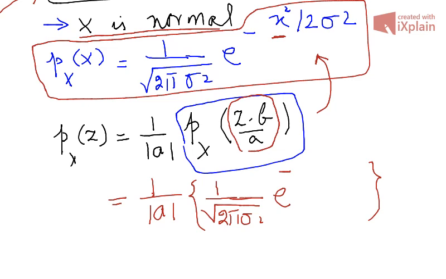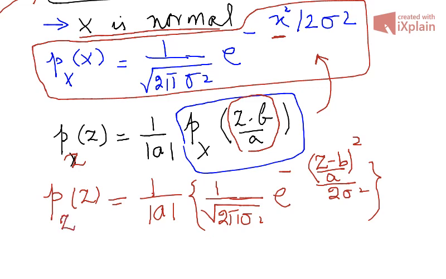Now instead of x we have z minus b over a, so we need to take the square of this, z minus b over a square, and then in the denominator we have 2 sigma square. So this is the PDF of z.